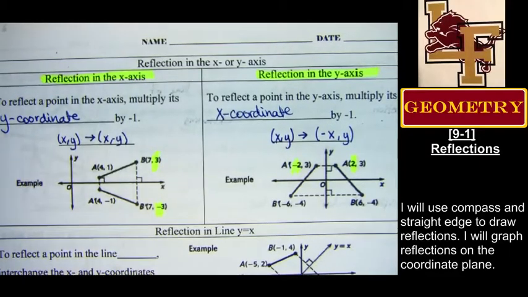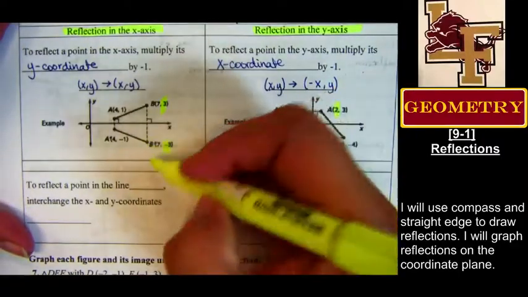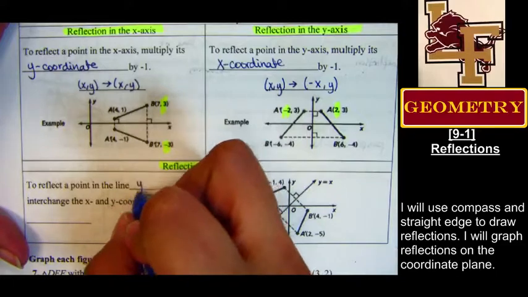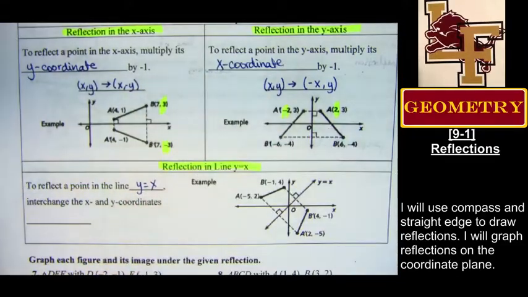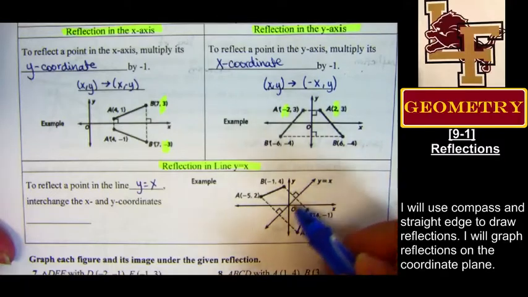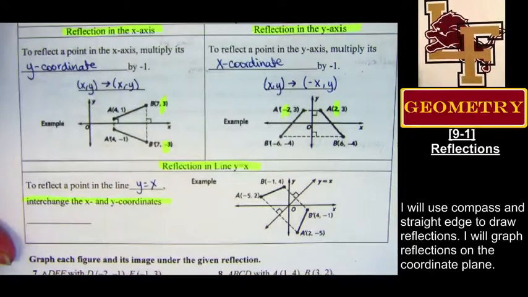Okay? The last line that we can reflect in is the line y equals x. So to reflect in the line y equals x, which is this diagonal right here, all we're going to do is interchange the coordinates x and y.